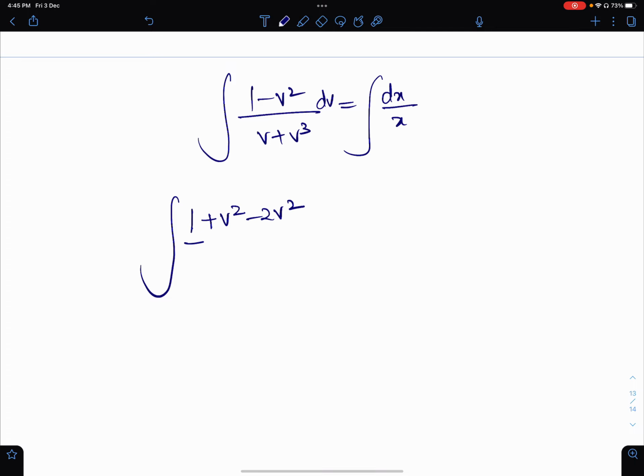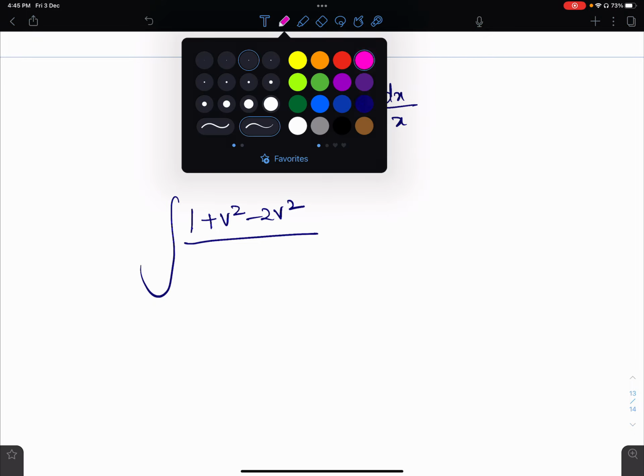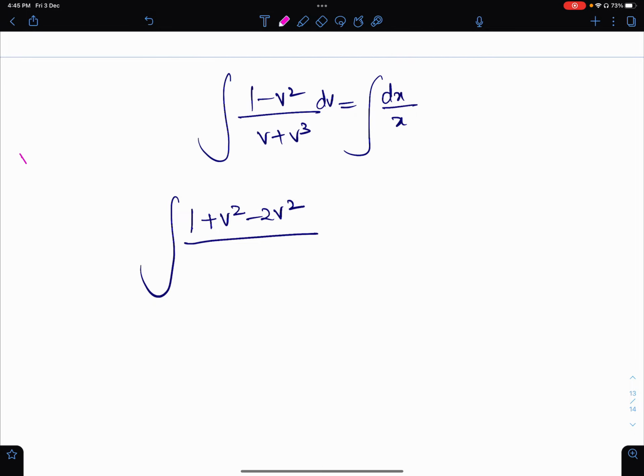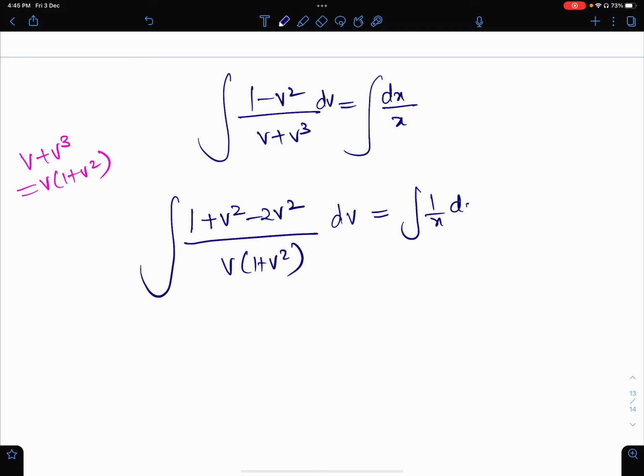In the denominator, v plus v power 3. Take v outside, it is 1 plus v square. So in the denominator, I can write v times 1 plus v square. And here dv. And here it is 1 by x dx.